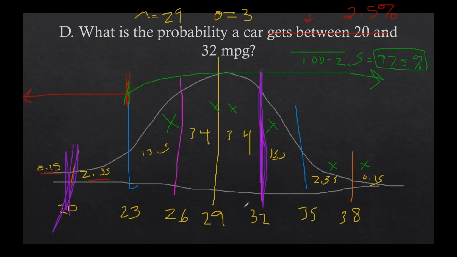So how do I find the probability between that? If we're going purple to purple, how do I find that space in between?